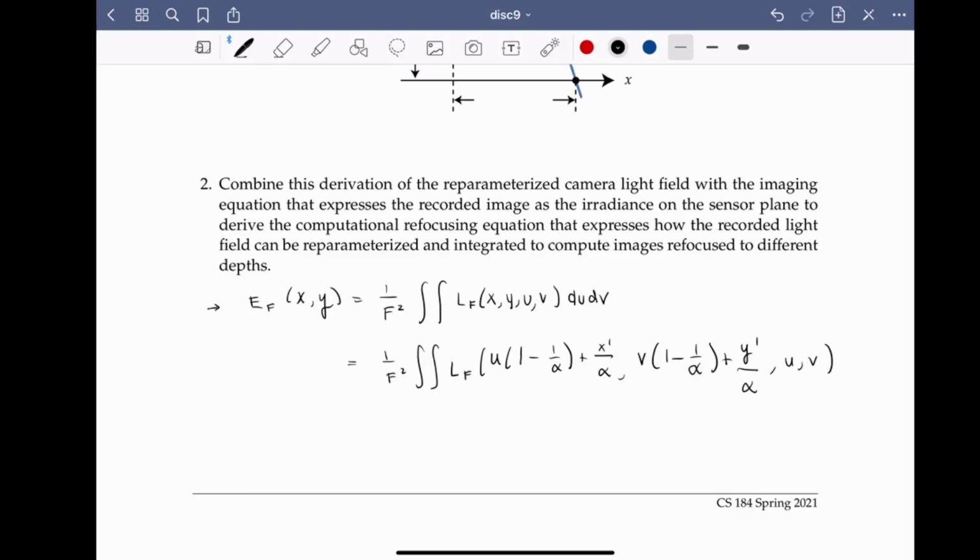Okay. So this is almost the answer, actually. So we did most of the work in this previous question.